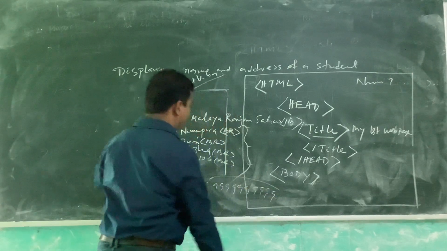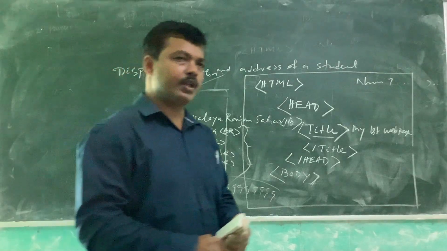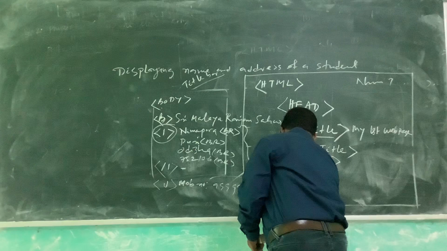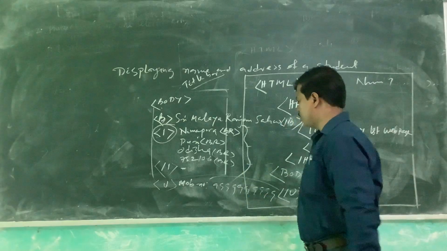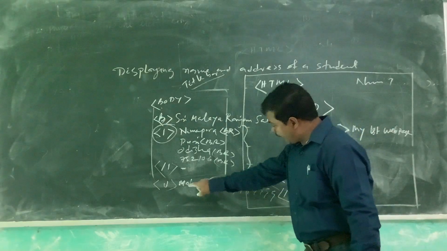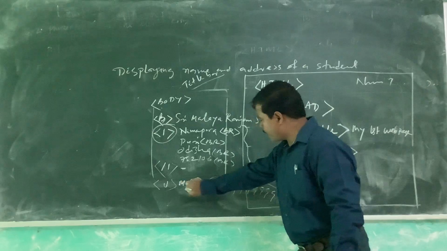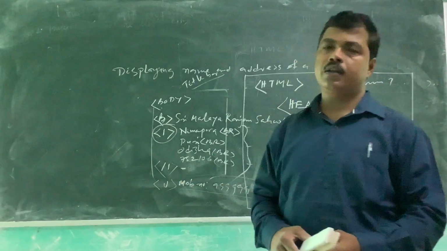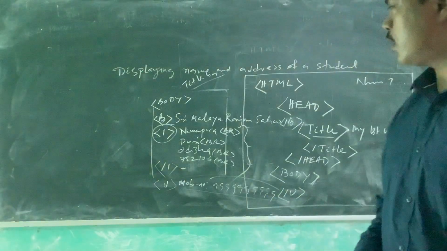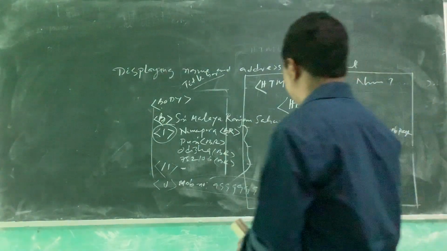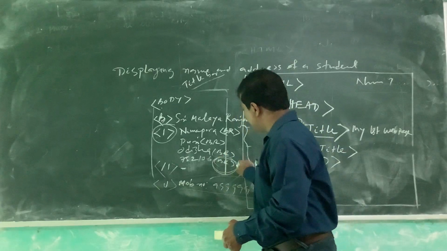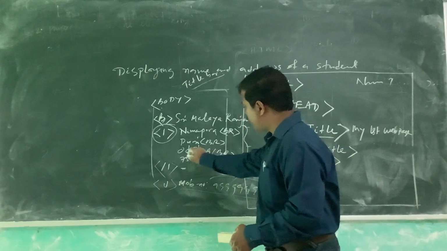This is the mobile number of a student, and type /U. Okay. So in output, the mobile number will be displayed in underlining characters. Okay, underlining effect.